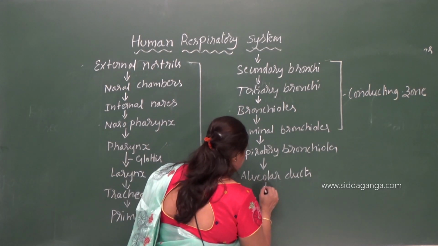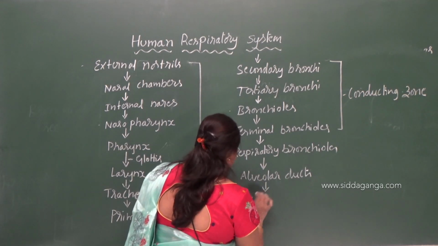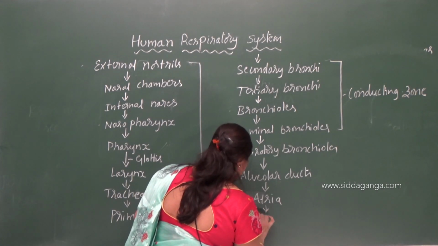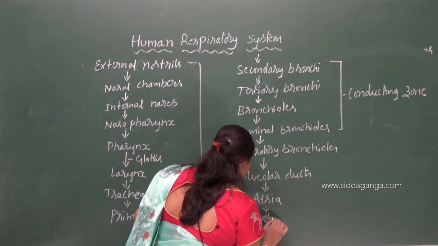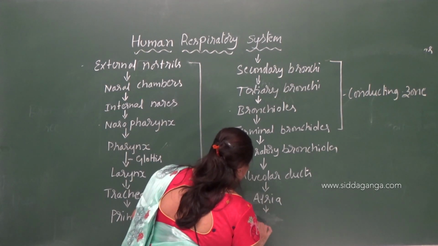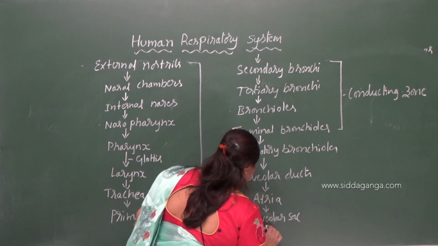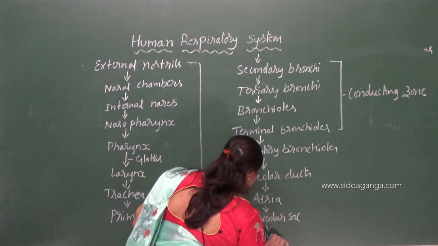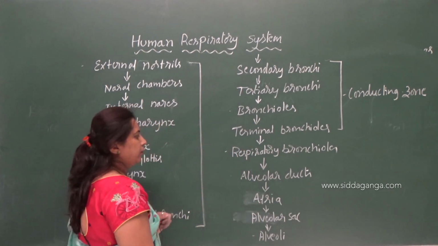Now the alveolar ducts open into atria. Atria open into alveolar sac, and finally the alveoli. Okay.